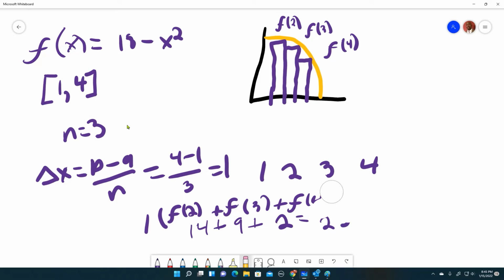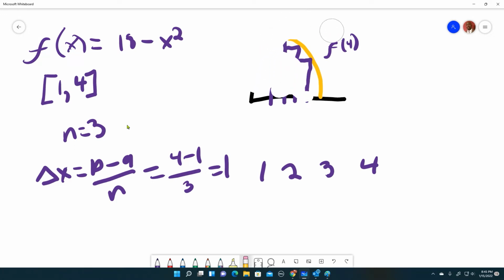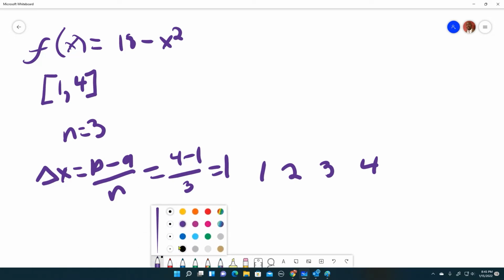So let's take a look at this particular situation. So let's get rid of this junk. And let's also get rid of this junk here. And let's sketch a new graph of the particular function. All right, so just a quick new graph.